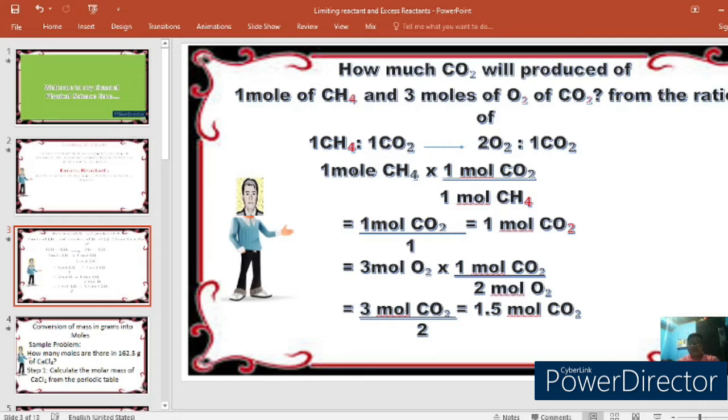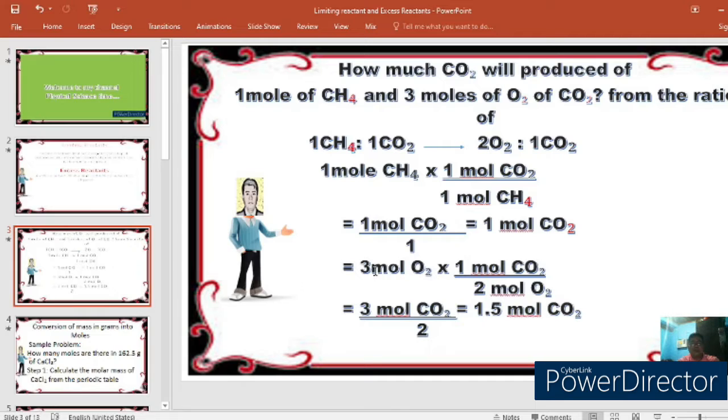So this time we have to cancel this 1 mole CH4 here, and the same here. What is left is the 1 mole carbon dioxide over 1. That is equivalent to 1 mole of carbon dioxide. Okay, next. 3 moles of dioxygen times 1 mole of carbon dioxide divided by 2 moles of dioxygen.